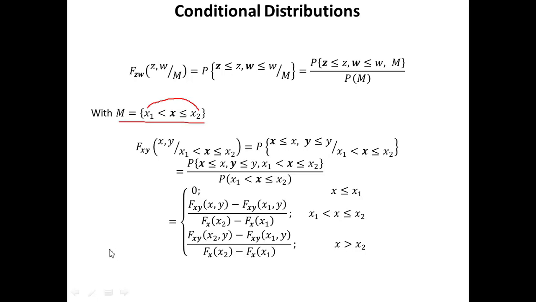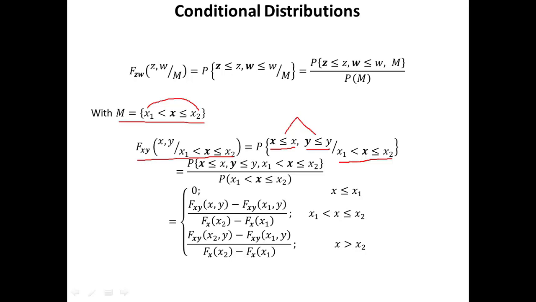For this case of event M, if we want to define the conditional joint distribution, that is F_XY of x, y given x1 less than X less than or equal to x2, it means that we are calculating the probability of the intersection of the events X less than or equal to x and Y less than or equal to y, provided that the event x1 less than X less than or equal to x2 has already happened.